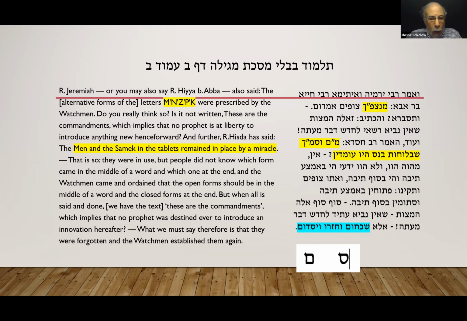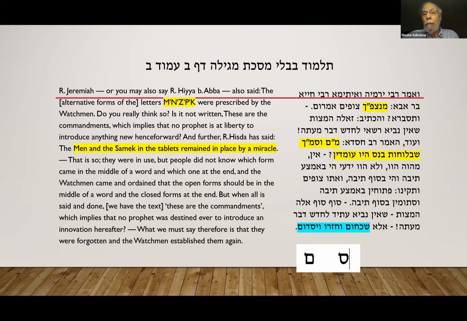The letter samach is completely enclosed, as is the final form of the letter mem. So when Rav Chisda says that the letters mem, the final mem, and the samach of the luchot remained in place miraculously, they were suspended miraculously, he presumes that the shapes of these letters were completely enclosed.